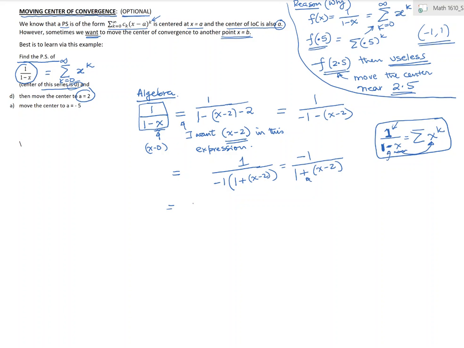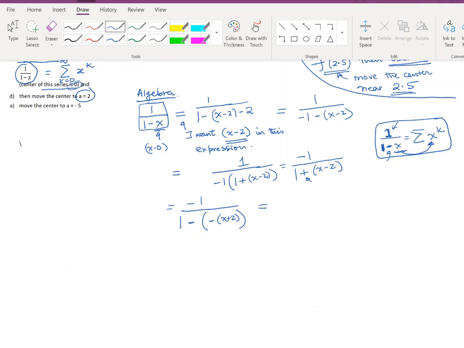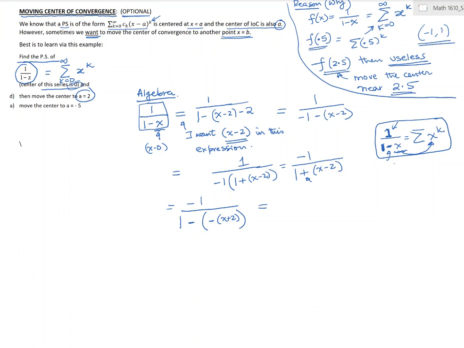So what I'm going to do is negative 1 over 1 minus x plus 2. Now it's in the perfect form of this. So it looks exactly like this.